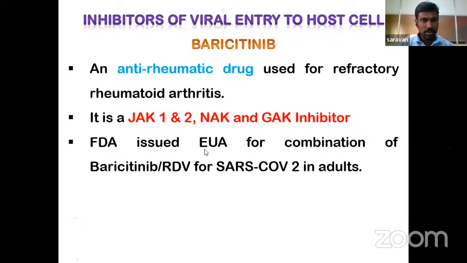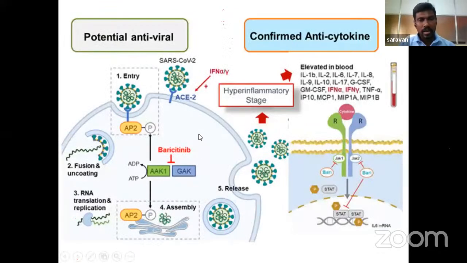So this is the picture to show the role of Baricitinib and how it is helping in inhibiting the viral entry. So once the virus recognizes the human ACE2 receptor, it binds to the human ACE2 receptor. Later on, there is AP2 associated protein kinase, called AAK1. So AP2 associated protein kinase mediated endocytosis of the virus into the human cell takes place.